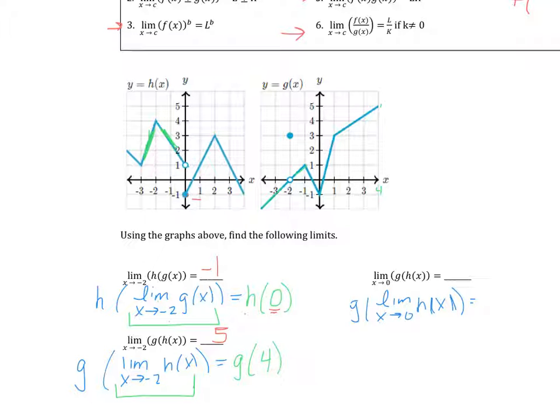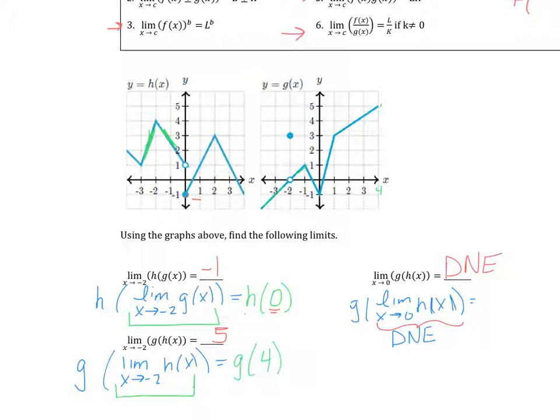Uh-oh, I have a problem. That limit does not exist. So how can you find g of does not exist? Well, that does not exist. So there's actually a couple ways of getting does not exist. That's one where this limit does not exist.